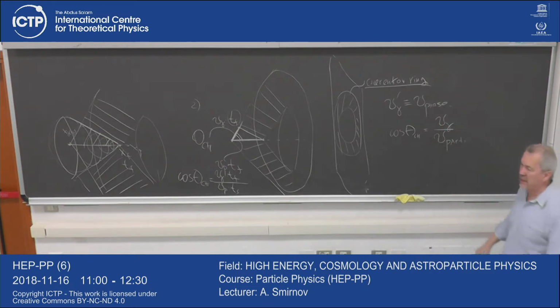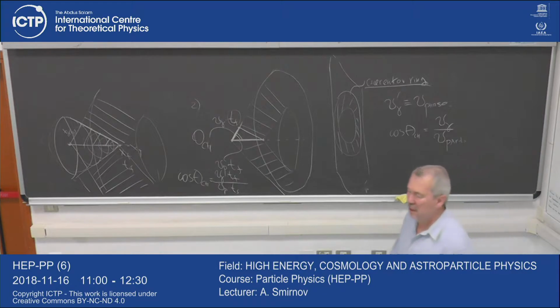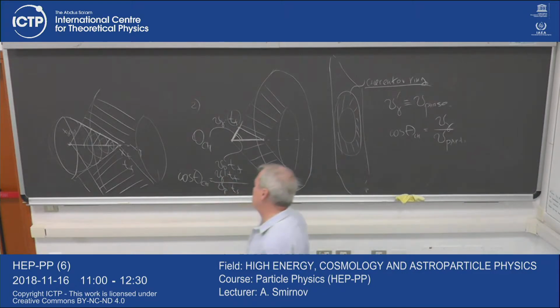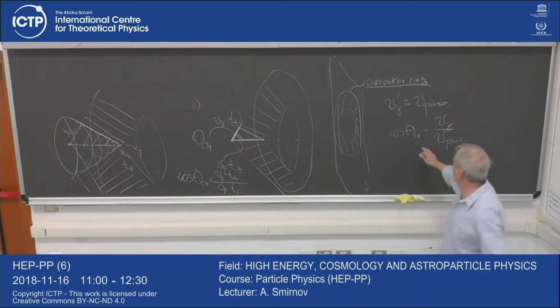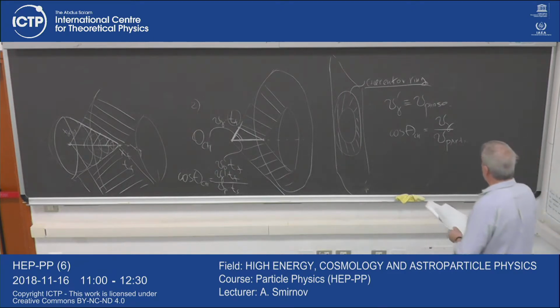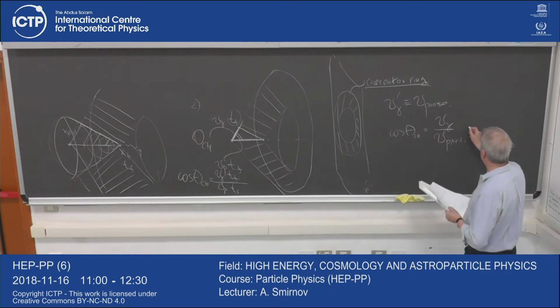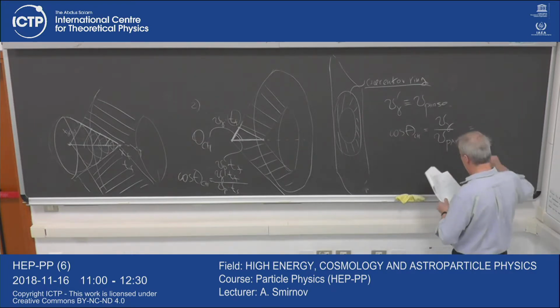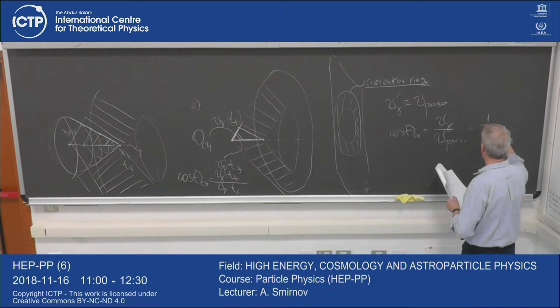And of course it makes sense when the particle propagates faster than the velocity of light, otherwise you would have cosine bigger than 1. So we can write here also that V gamma is given by 1 over n, and here is V particle.